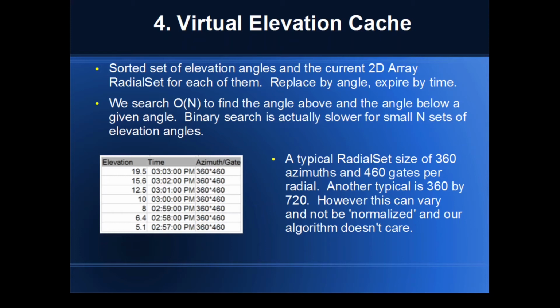Searching is done linearly for small n, where we find the angle below and above the angle searched for. This is actually, for small n, faster than binary search, which was interesting. These 2D data sets are typically small versus the grid of the merger. A typical radial elevation might be 360 degrees by 460 or 720 gates along each radial.